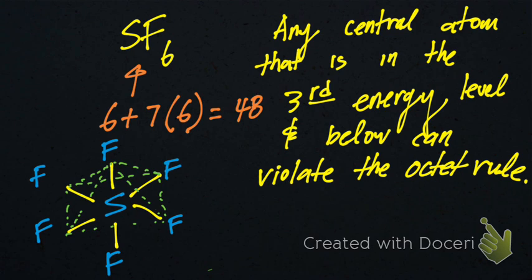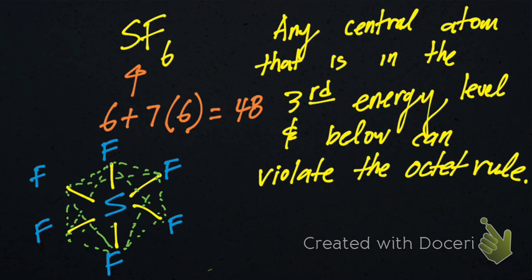It's a four-sided pyramid going upward. So the 4 fluorines are here in this middle plane and 1 fluorine is straight up top. There's also a 4-sided pyramid going down to this point. Don't worry about it, you don't have to see it right now. Just know that you have sulfur in the middle and 6 fluorines around it with a line, okay?